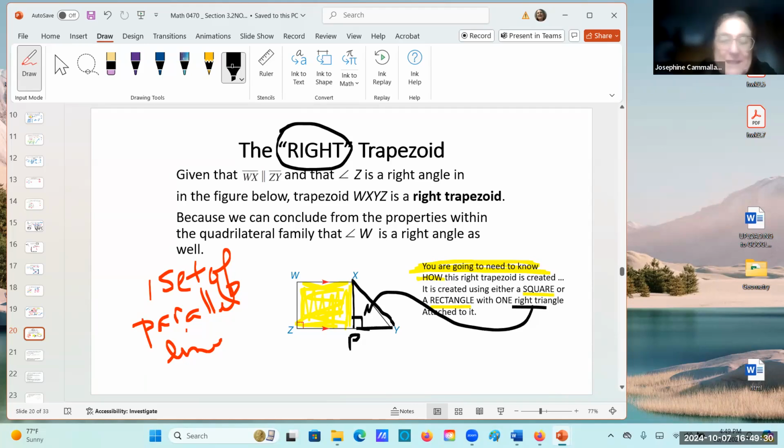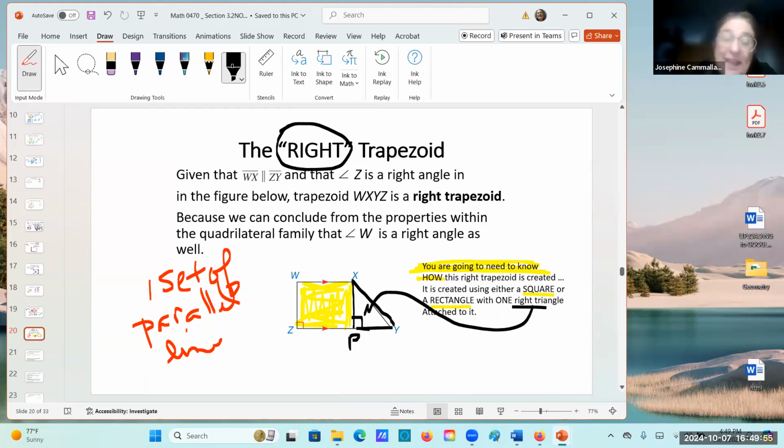Now, what's in yellow can be a square. It can be a rectangle. We don't know that yet. But we do know that one right triangle is attached. Now, I have the right triangle on the right side of the yellow box.